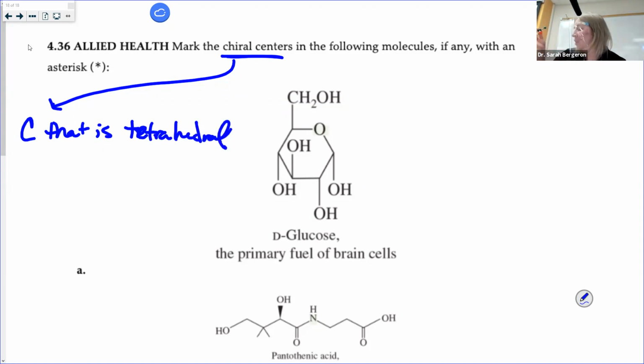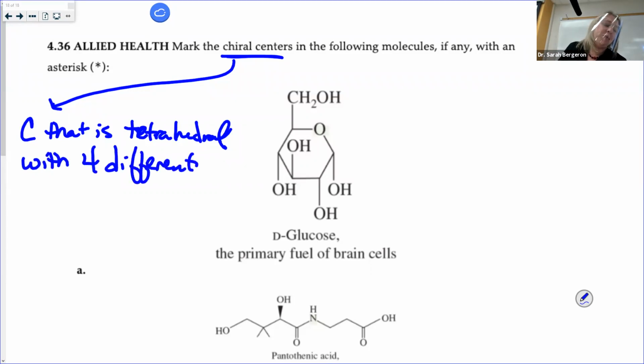But not just tetrahedral. What if you had something that was tetrahedral but with four hydrogens attached to it? Well, I could superimpose that, right? Four hydrogens, doesn't matter what orientation, I can superimpose that. So it has to be a carbon that is tetrahedral with four different groups attached to it.